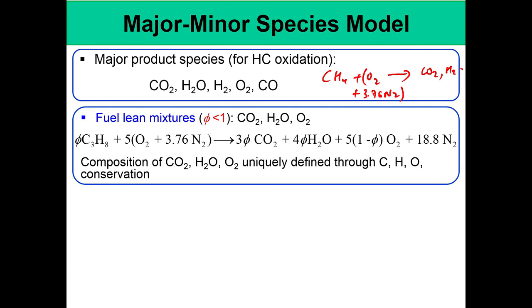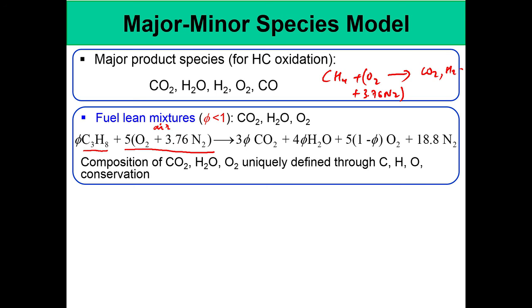Now, for fuel lean mixtures, there is no problem actually. Suppose it is propane burning in air. For burning 1 mole of propane, you need 5 moles of air, and phi is the equivalence ratio in front, which is something between 0 and 1.